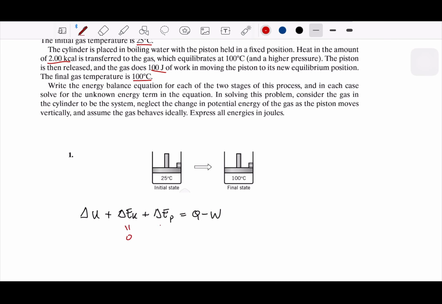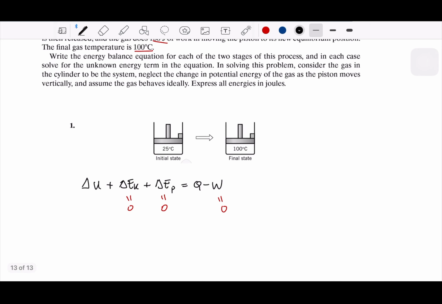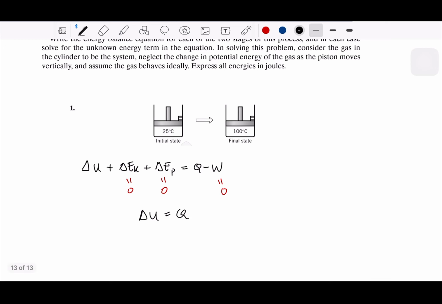This is 0, this is 0. And work is 0, right? No moving boundaries. So we have the delta, and since our heat is 2 kilocalories, we can take this as 2 kilocalories, or if you would like to convert to joules, you can also change to joules.